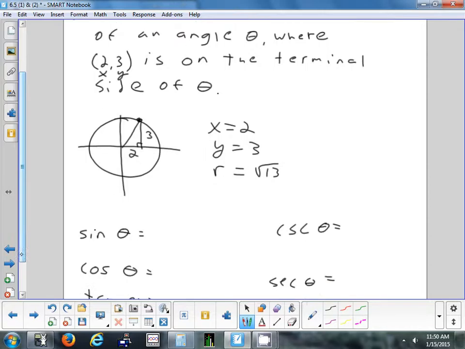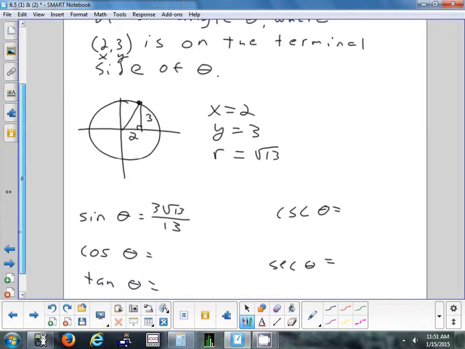Sine is y over r. I'll fix the square root at the same time. Cosine is x over r. And tangent, you can think of it as opposite over adjacent, or if your angle is right there, think of it the way the definition says, y over x.